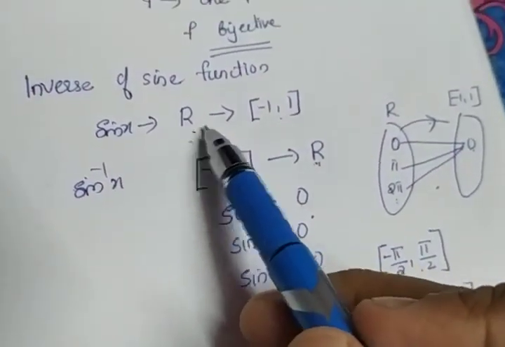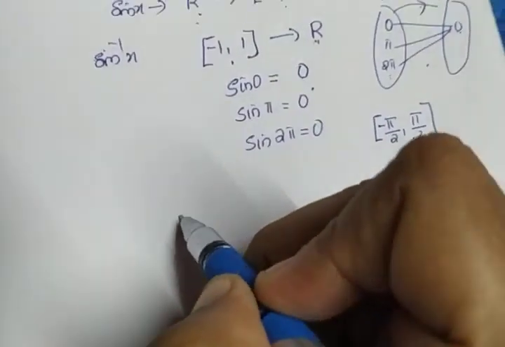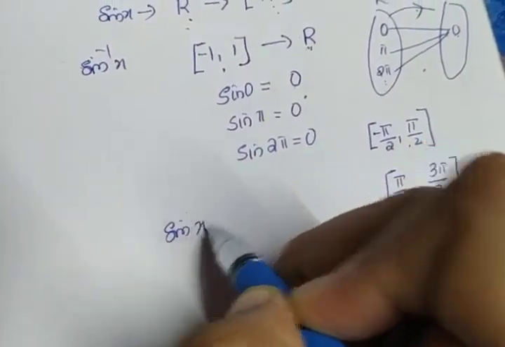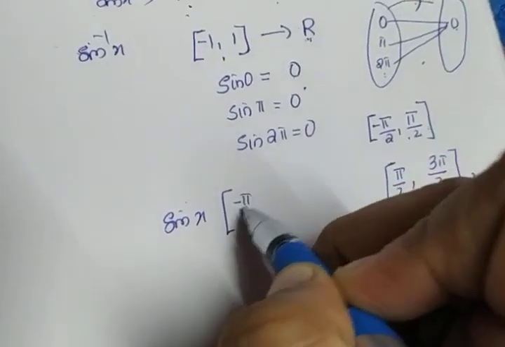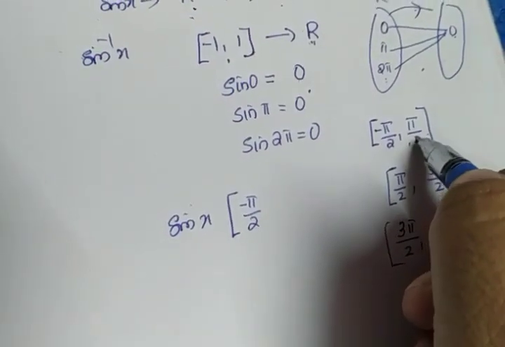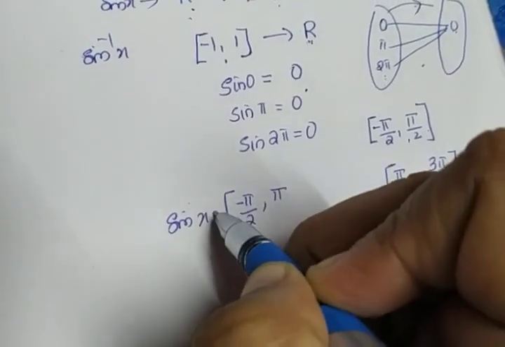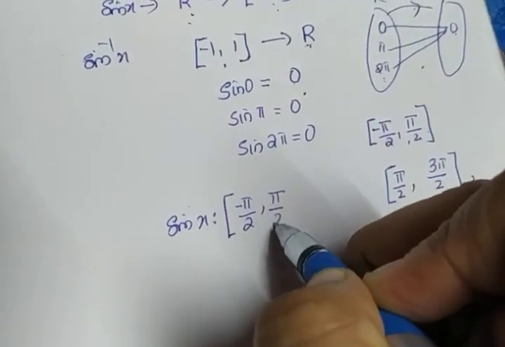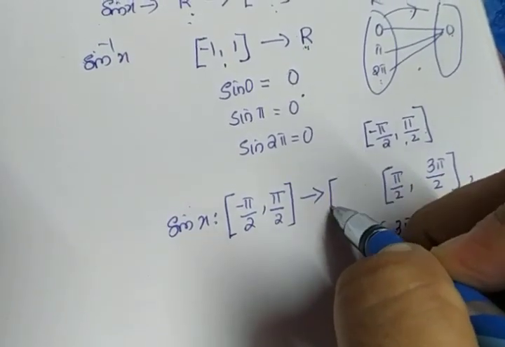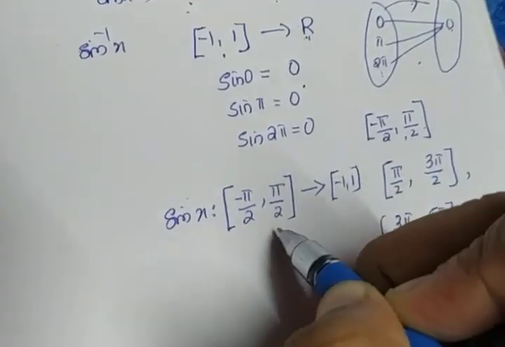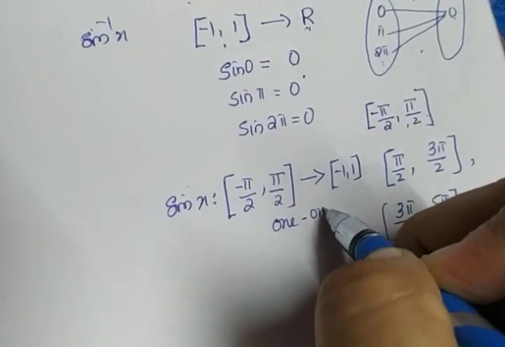We are defining the sine function from closed interval minus pi by 2, pi by 2 to closed interval minus 1, 1. So this function will be 1, 1 and also onto.